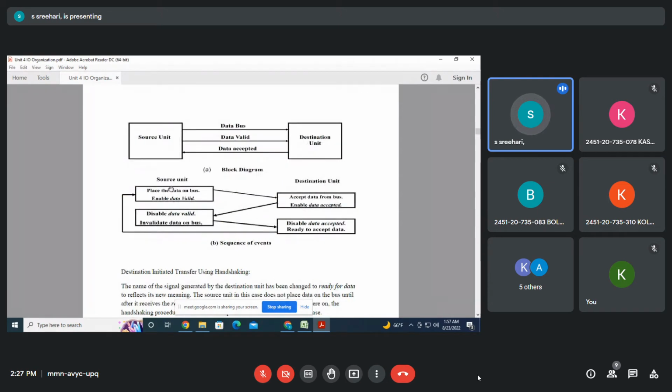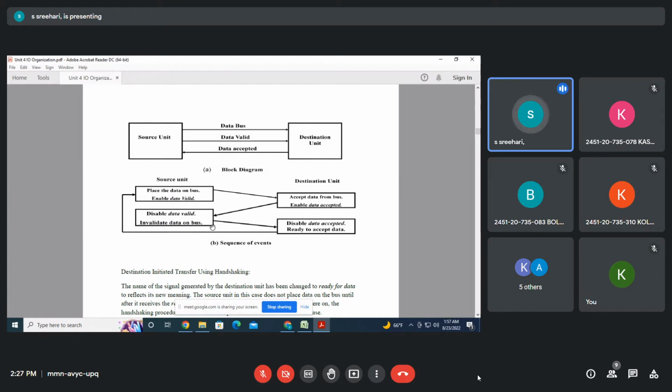The source unit first places the data on the data bus and enables the data valid signal. Then the destination accepts the data from the bus and enables data accepted. Then the source disables the data valid signal and invalidates the data on the bus.